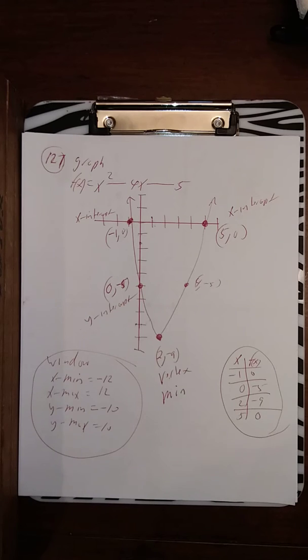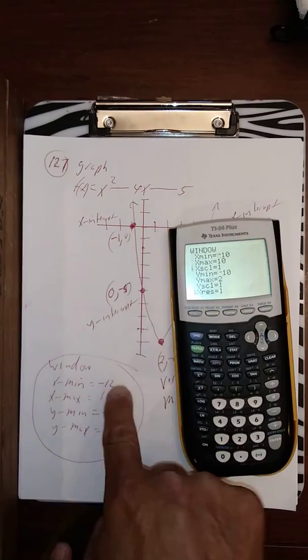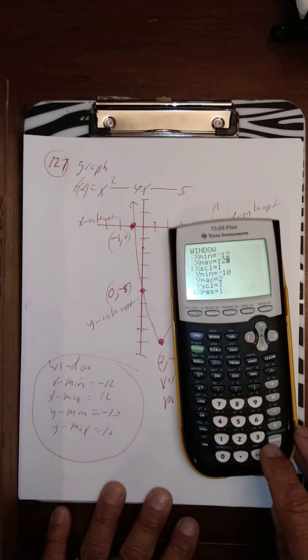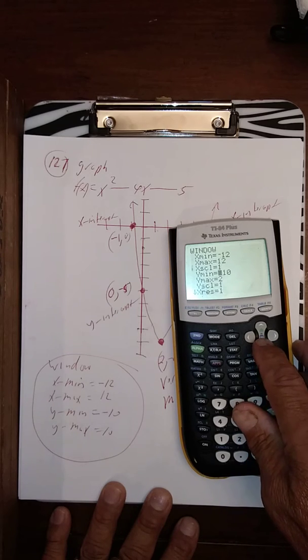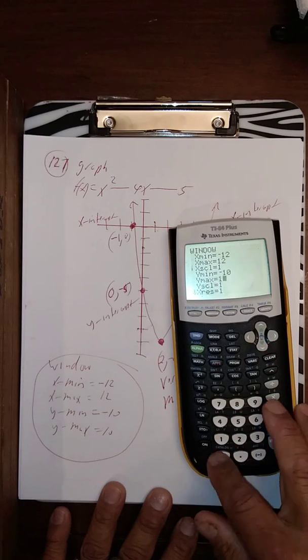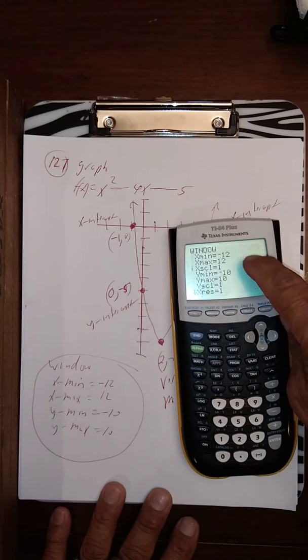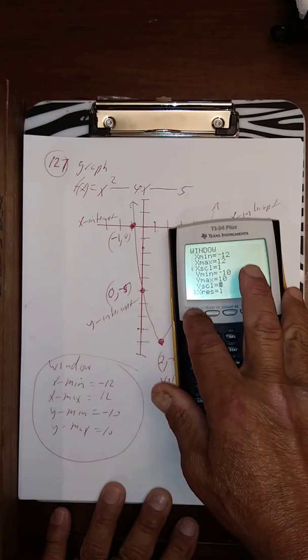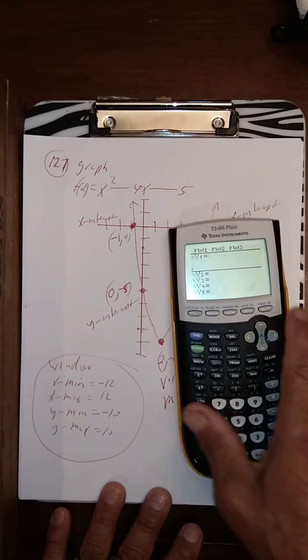Another graph. Alright. This is our window first. So you have negative 12, 12, negative 10, and 10. Okay. Hit y. Clear the old one out with the new one.